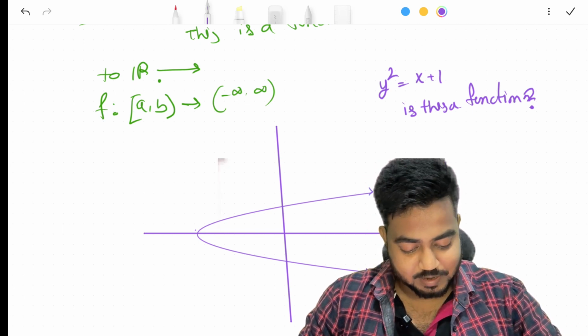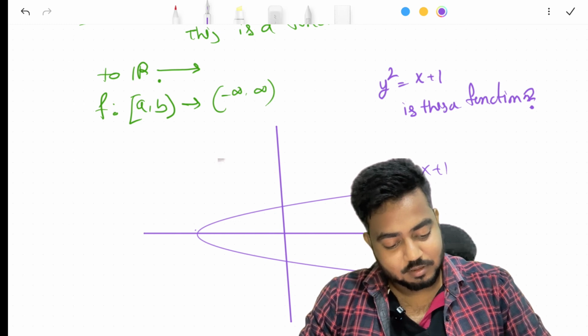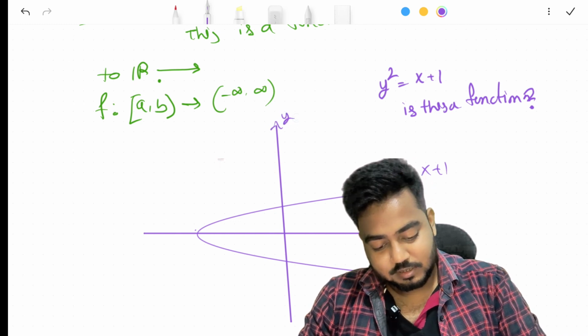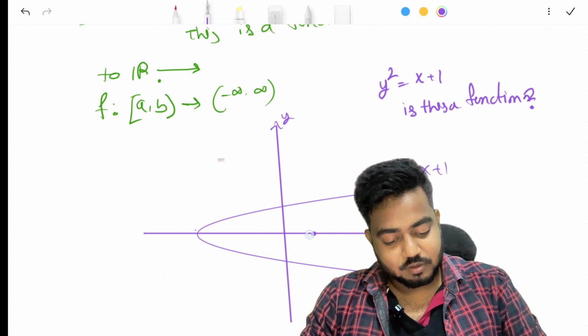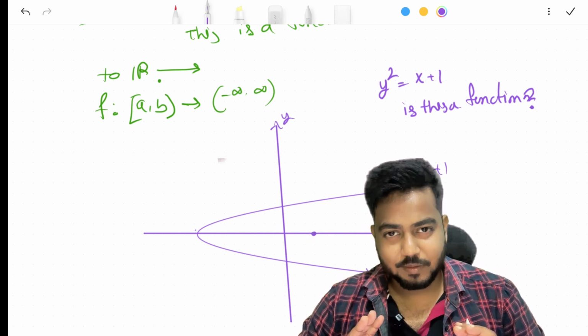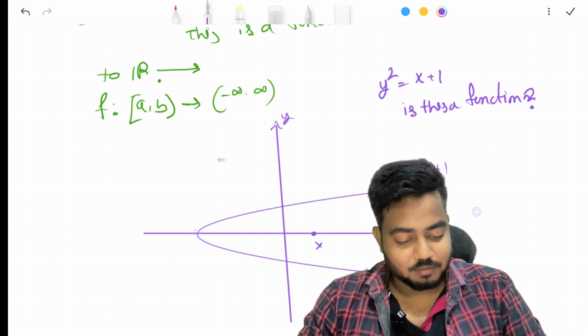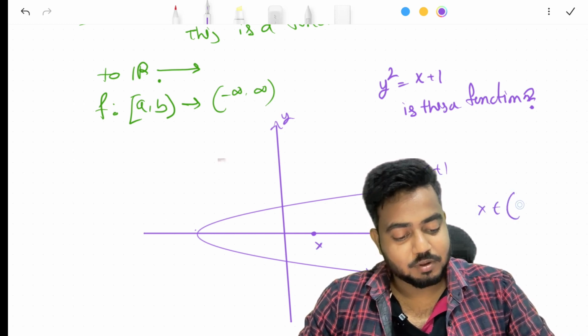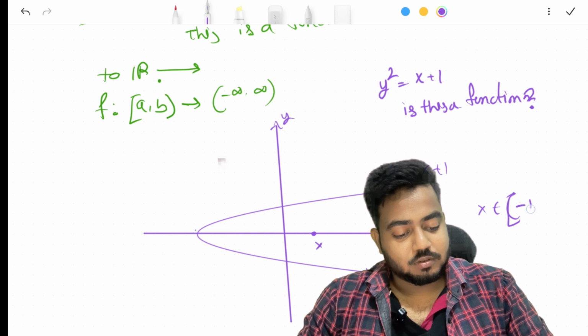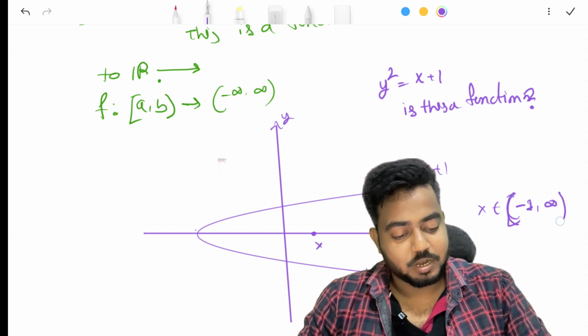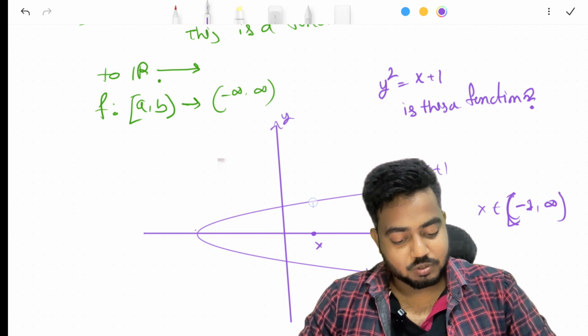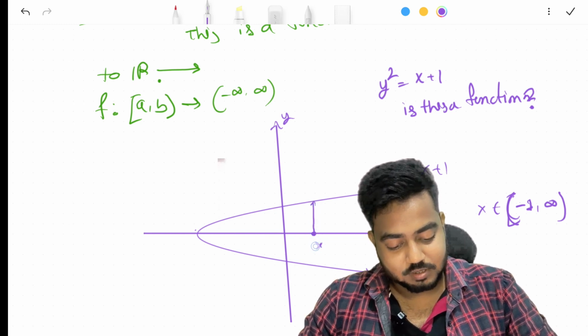First of all, for any element x belonging to the interval minus 1 to infinity, closed at minus 1 and open at infinity, x has two images.